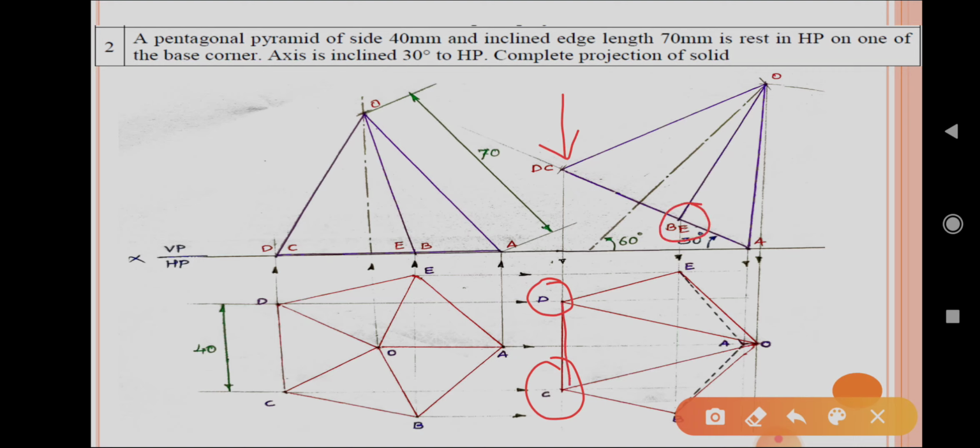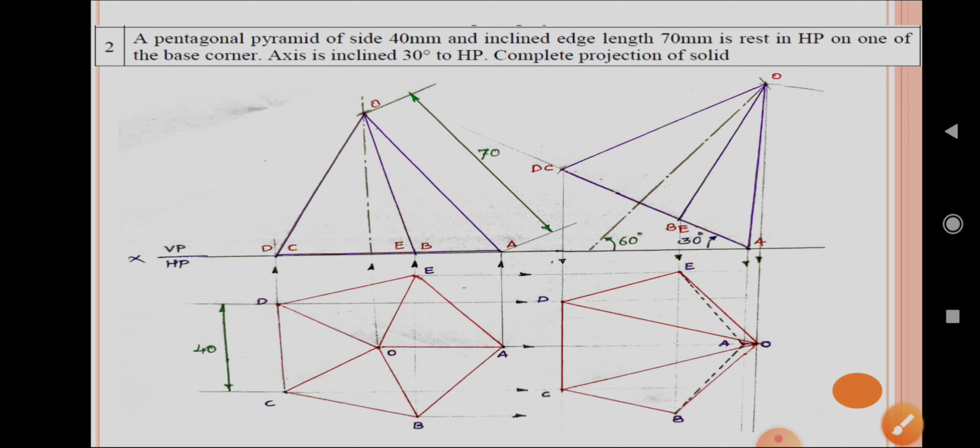B and E are invisible because the arrow cuts the slant edge. Then visible and invisible points we connect with a dark line, and the remaining point we connect C to O. C to O is visible, D to O is visible, with a dark line we connect, and finally the answer we get like this.